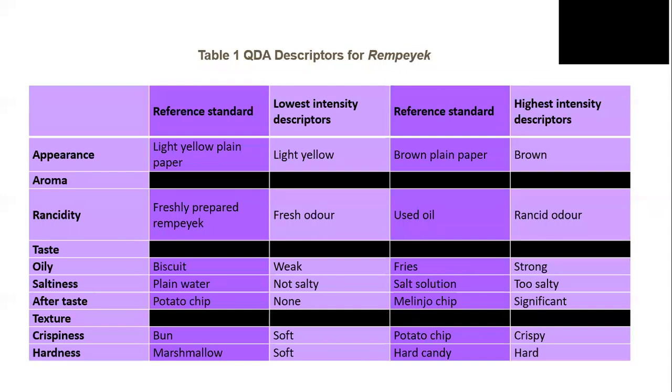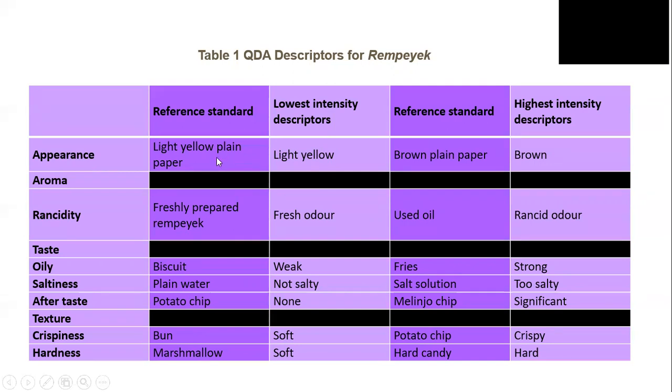This is the example of descriptors for rempeyek. Okay, for example, if you look here, in terms of appearance, all these 15 potential trained panelists make a consensus. They agree to use light yellow as the lowest intensity for appearance. So how do you describe light yellow?